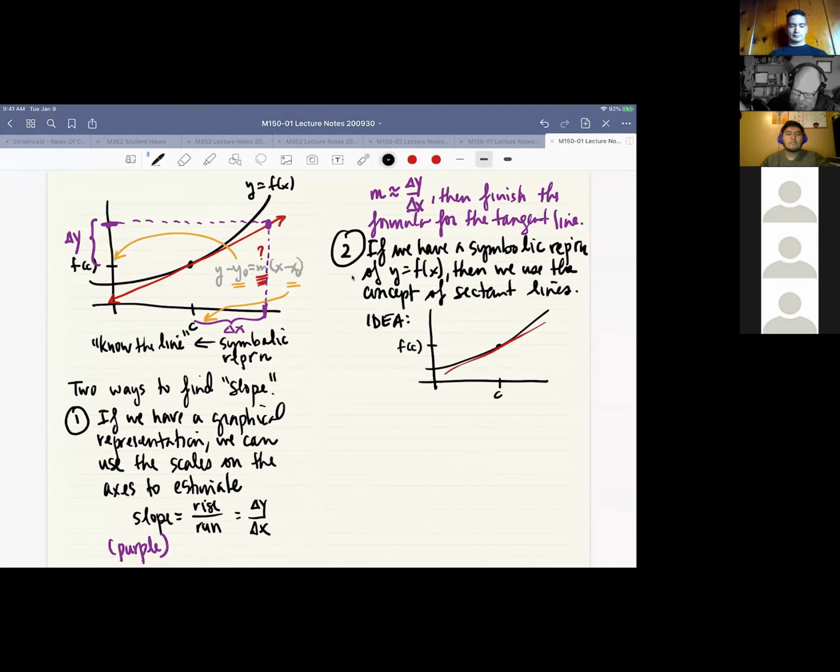So what we're going to do is, since we have a formula for the function, I'm going to find another point on my graph. So let's call this D. And so up here we get f of D. And then these 2 points determine a line, and it's that line that I'm going to find the slope of.